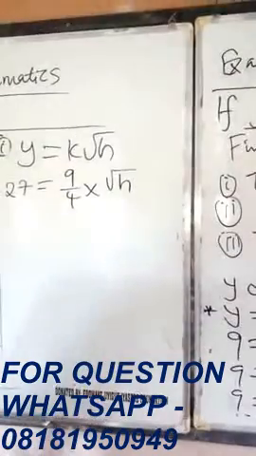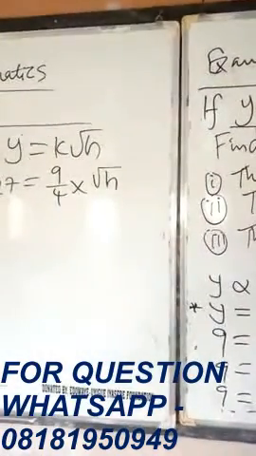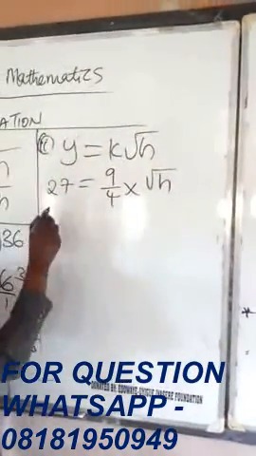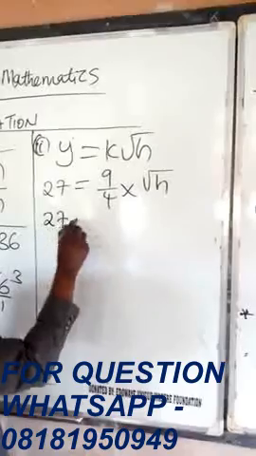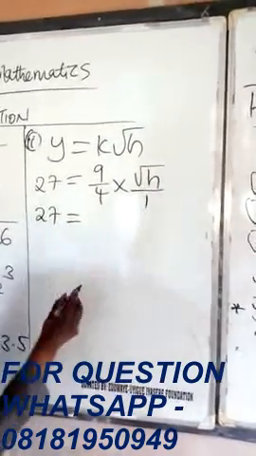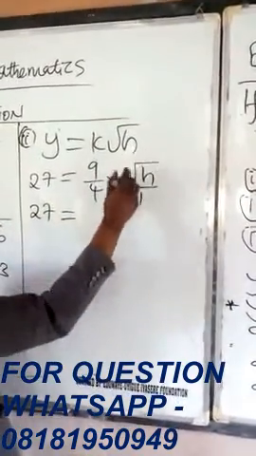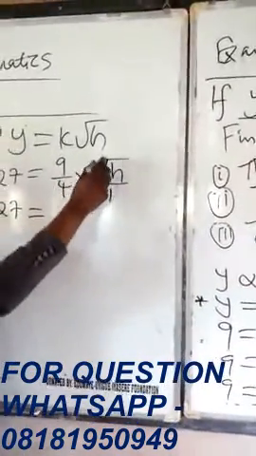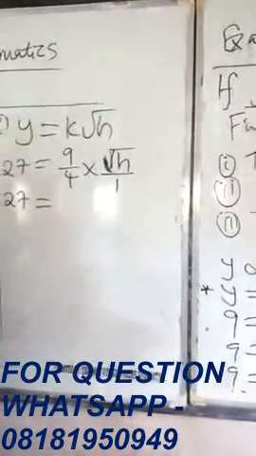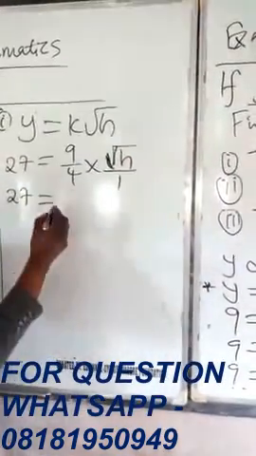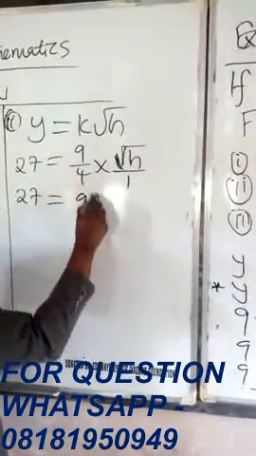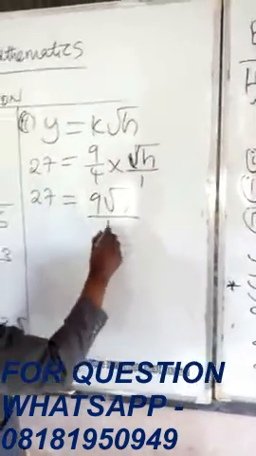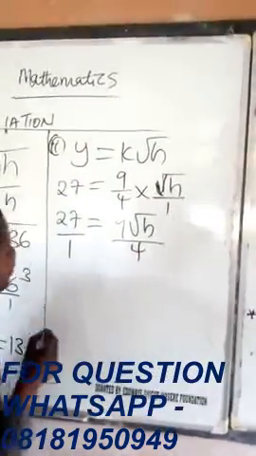We don't know h now, we are looking for h. Are you there, students? So 27 equals, this is the same thing as 27 over 1, 9 over 4 times root h. If you don't want to say square root of h, you call it root h. Now 9 times this will give you 9 root h. 4 times 1, we have 4.